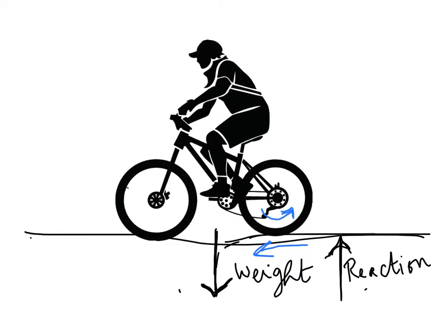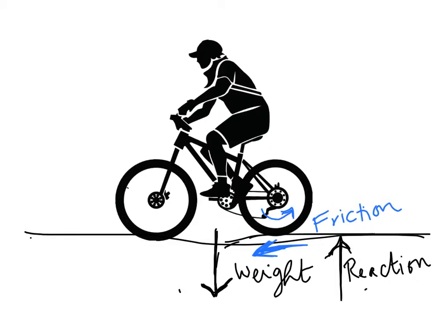So that blue arrow represents friction. Okay, and that acts in an opposite direction to the movement of the wheel, or any two surfaces that are in contact and rubbing against each other. Okay, so in this case it will be forward. Now it's hard to see it, but this is the actual friction force. This is the force that actually helps the cycle move forward.